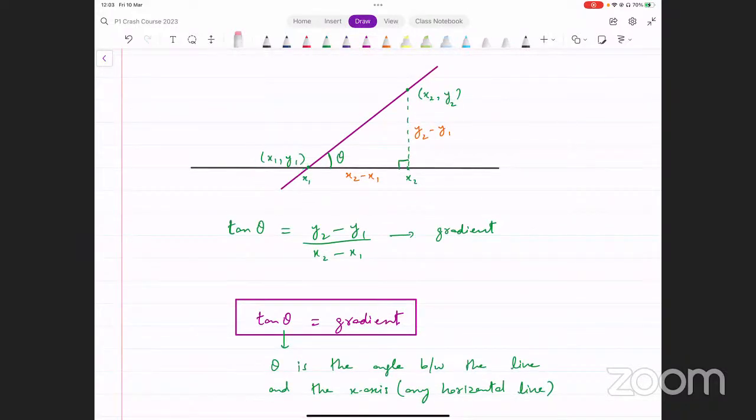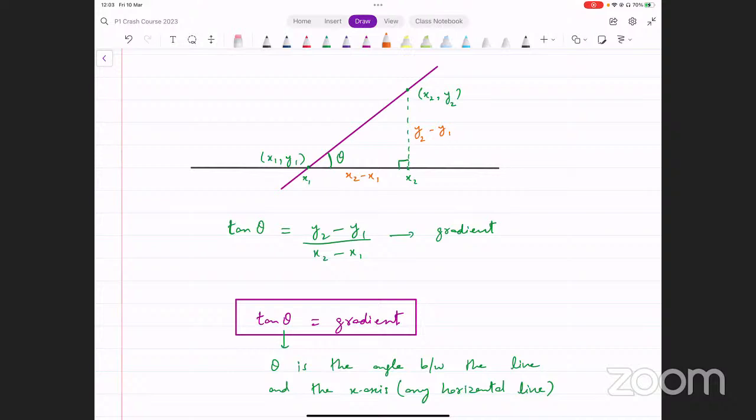It does not have to be on the x-axis. Even if you had another horizontal line, maybe here, this angle would also be theta. Using corresponding angles, these angles are equal. So this angle theta that we're getting represents the angle between a line and any horizontal line.